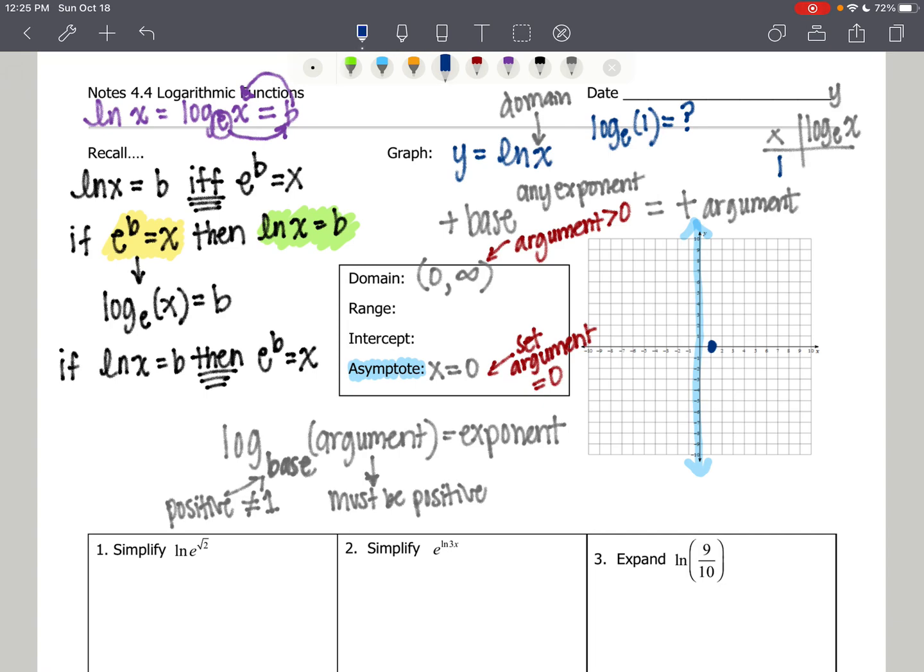If I put a 2 in, I get a number that I'm not sure of. But if I put log base e of e in, which is 2.718, so if I go right 2.718, I'm going to get a 1 out.